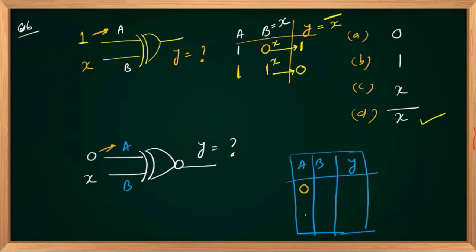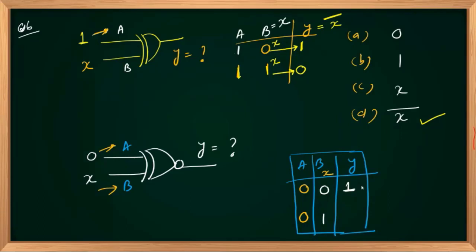A is 0. B is connected to X. X can take two values, so B is nothing but X. X can be either 0 or 1, right? It's an XNOR gate. If X equal to 0, both inputs will become 0 and 0. XNOR gate, Y will be 1.